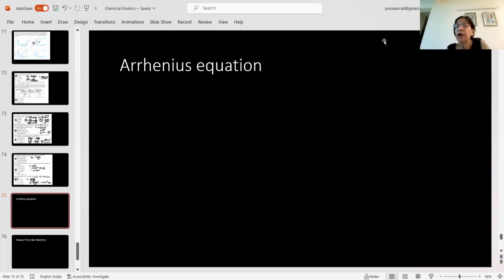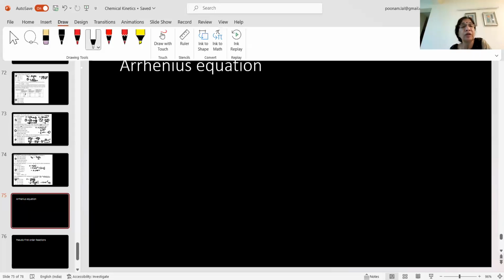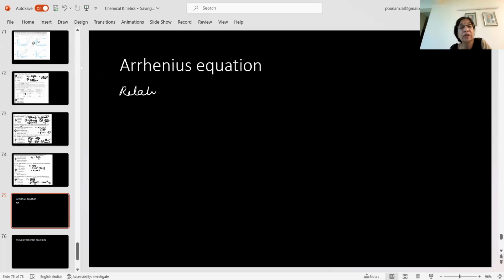Now, the Arrhenius equation is an equation which helps us to understand the relation between the rate of reaction and temperature. So what does this tell me? It tells me the relation between the rate constant and temperature.